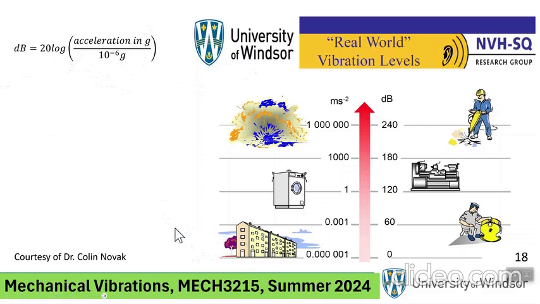Now if you plug in, for example, a million meter per second squared in that expression, obviously the g's cancel out, and you get log of 10 to the 6 divided by 10 to the minus 6. Work it out, you're going to get 240, because it's log of 10 to the 12, which is 12, and 12 times 20 is 240.